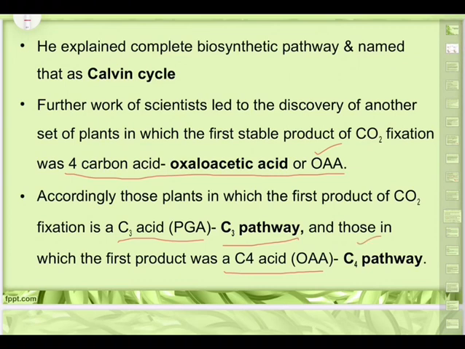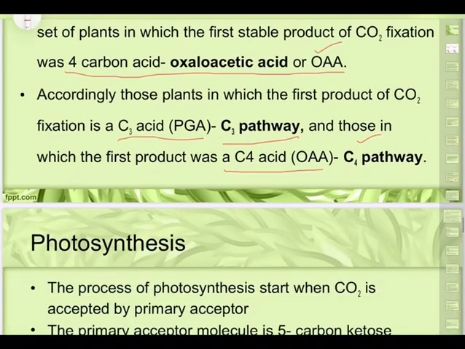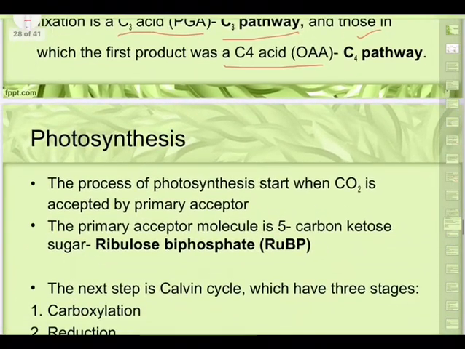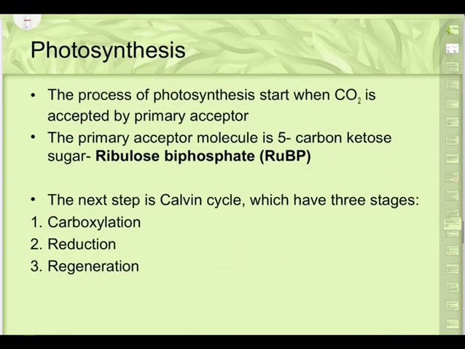Accordingly, the plants in which the first product of CO2 fixation is PGA, a 3-carbon one, we call the C3 pathway, or the plants are called C3 plants. And those in which the first product was C4 or oxaloacetic acid, we say C4 pathway, or we call them C4 plants. So based on the name of the product and the number of carbons present in carbon fixation, we have two types of plants in the world, C3 plants and C4 plants.